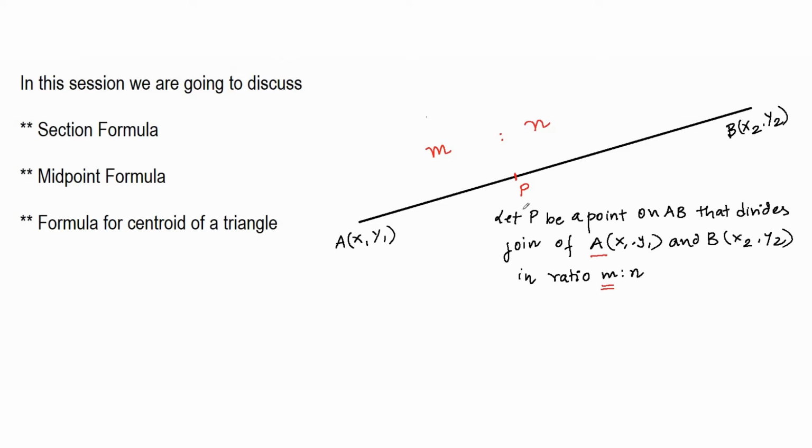So the use of this formula is, if you have the coordinates of A and B and you want to find the coordinates of a point P which divides AB in the ratio m:n, then it is possible to find the coordinates of point P using the section formula.